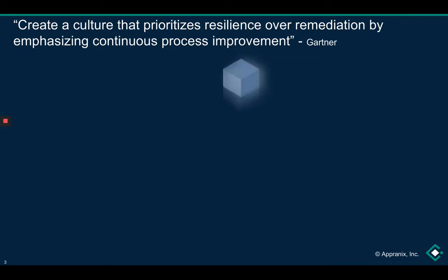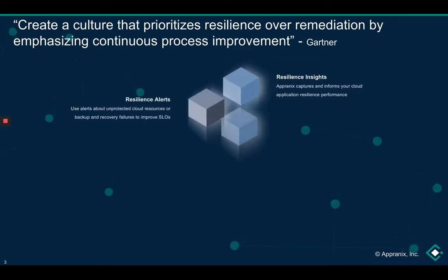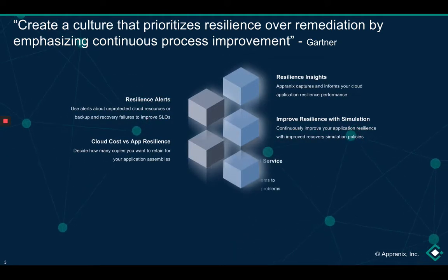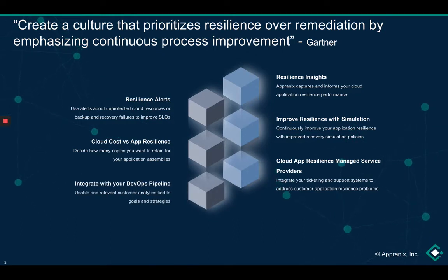Now, it's about creating a culture. What Gartner says is that if you prioritize resilience, remediation happens after the fact, whereas resilience is very proactive. And that comes with continuous process improvements.